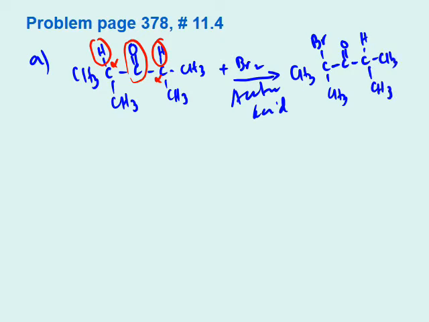Make sure you count the number of carbon atoms so that we didn't make any mistake. 1, 2, 3, 4, 5. There should be 5 carbon atoms. There is a carbonyl group, and of course we have methyl groups too. So this is going to be the final product of this reaction, in which you'd see that an alpha hydrogen is replaced by a Br group. This is the Br group.